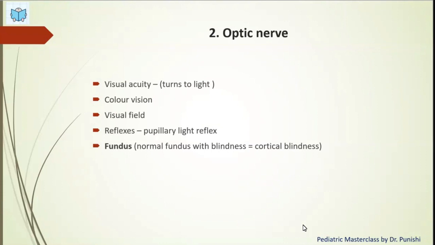That happens when you have occipital lobe involvement, most commonly in a case of hypoglycemia. So when hypoglycemia has caused damage to the occipital lobe, the patient will have vision impairment. However, the fundus will look normal. That is when you put the diagnosis of cortical blindness.